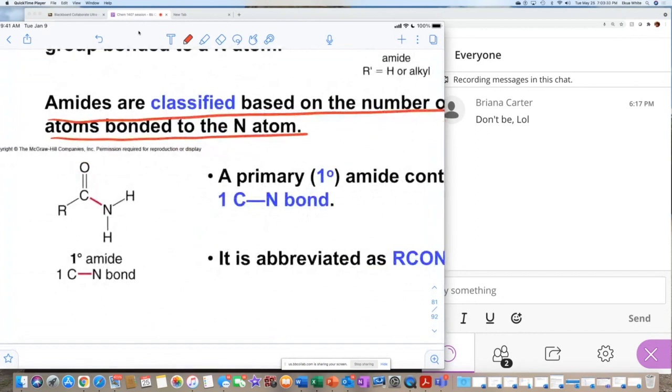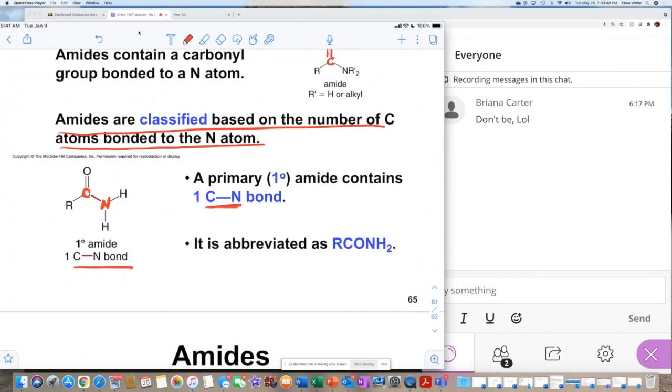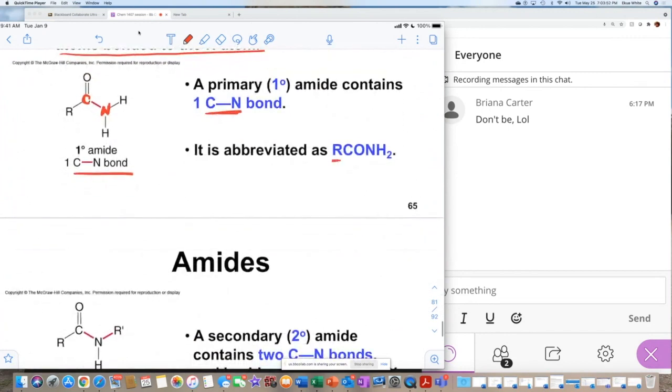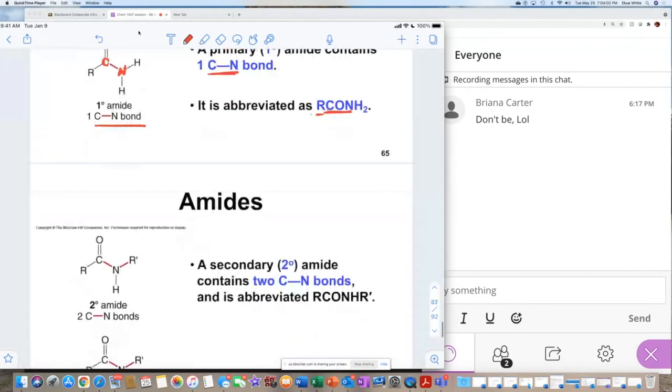With the amide, this is considered primary because the nitrogen is attached to one other carbon, even though that carbon is your carbonyl carbon. Part of the functional group is classified as primary amide because it's one carbon-nitrogen bond. And this is abbreviated RCON, like raccoon. No, CON. Amide usually has the CON when it's abbreviated.